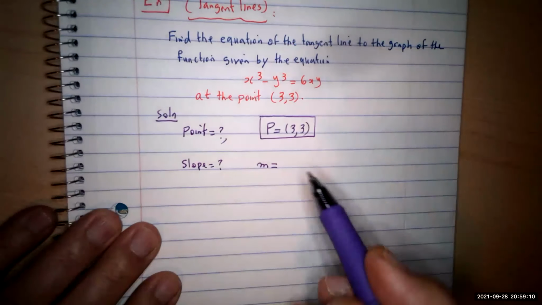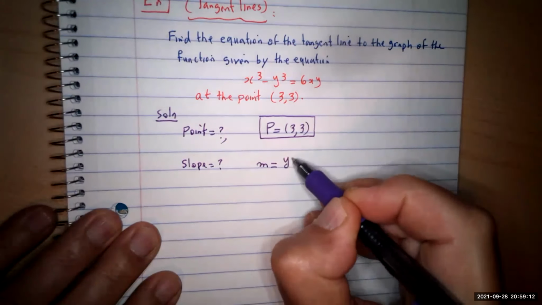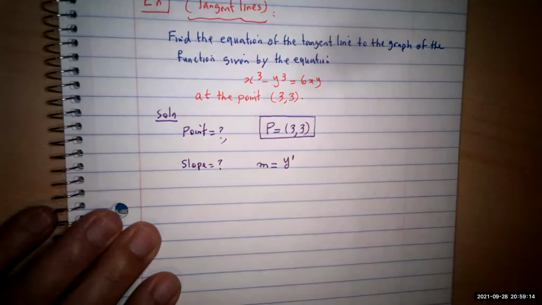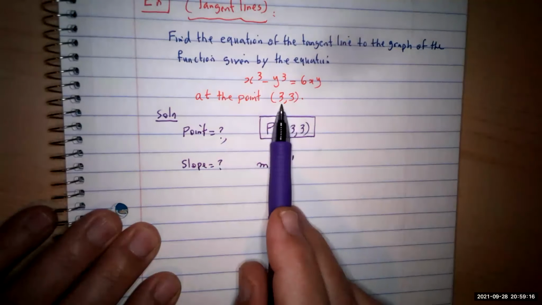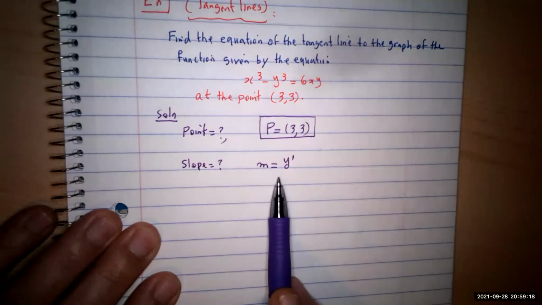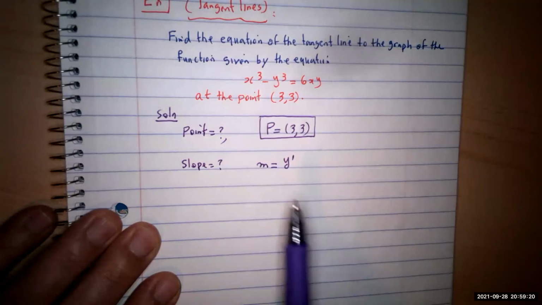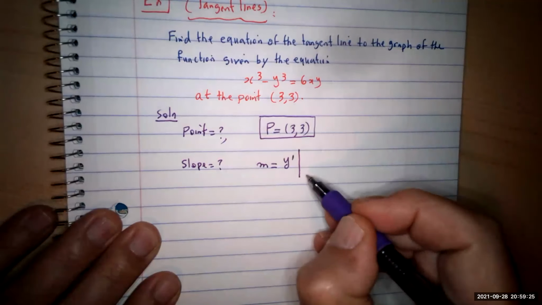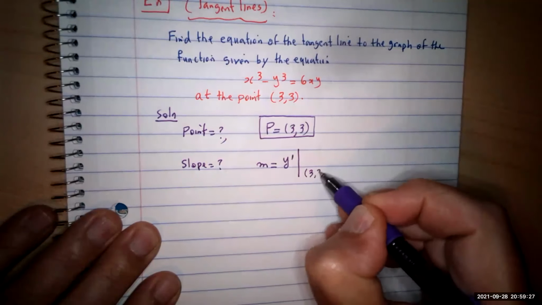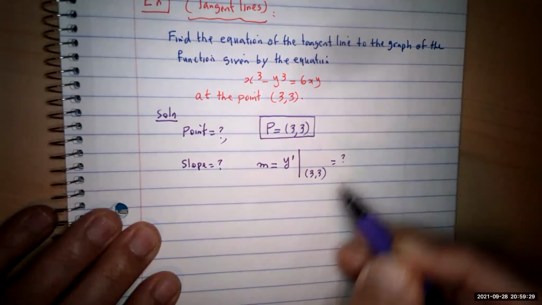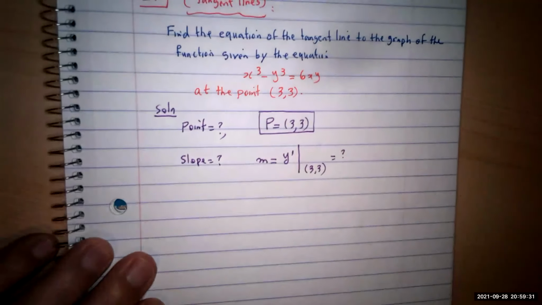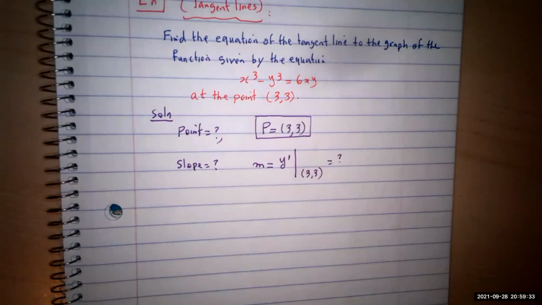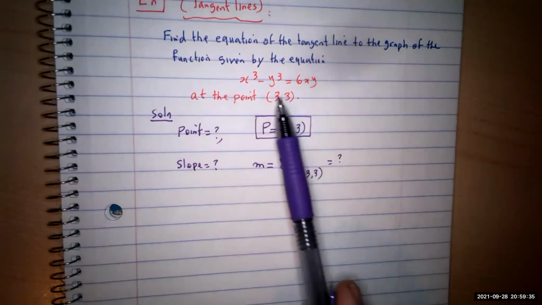Since the function is y, the derivative would be y prime, at this point. So y prime at the point 3, 3 is the notation that you may see in your book. You don't have to write this one, but I just want you to see it. So this means you have to find the y prime.